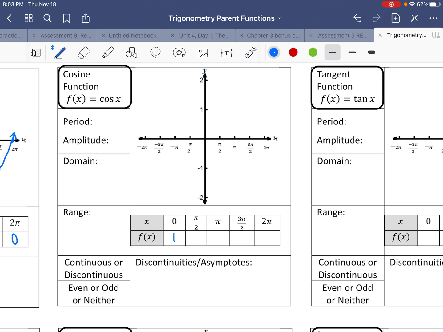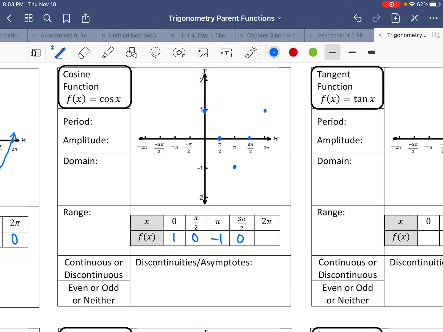At 90 degrees, the coordinate is (0, 1), so the x value is 0. So let's graph these 2 points. 0 is 1, 90 is 0. At pi, the x coordinate is -1. At 3 pi over 2, the x value is 0 again. And at 2 pi, the x value is 1, just like it was at 0.